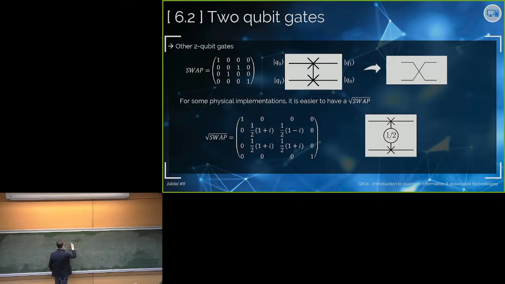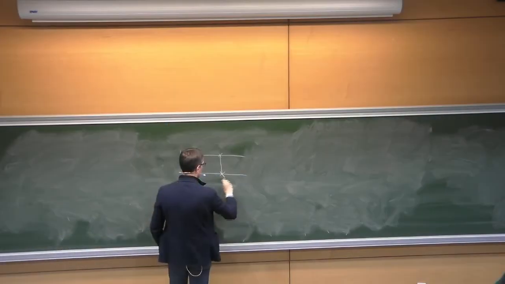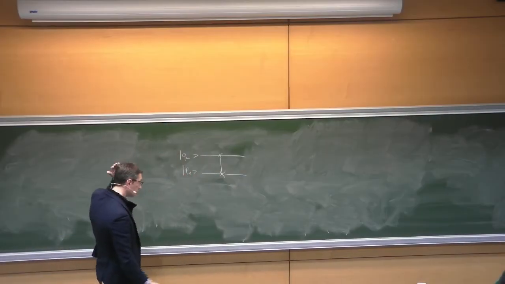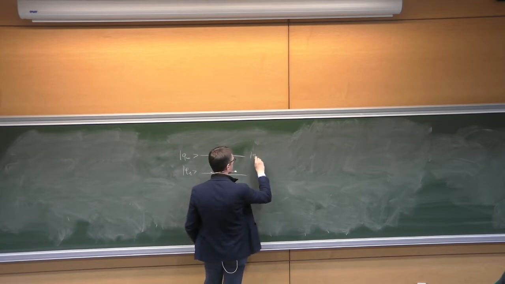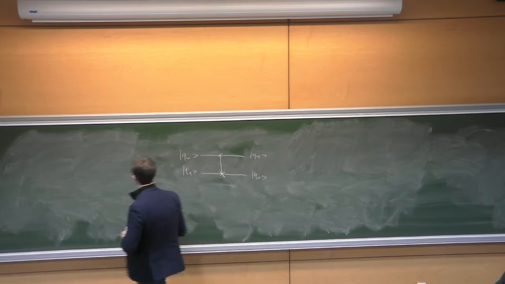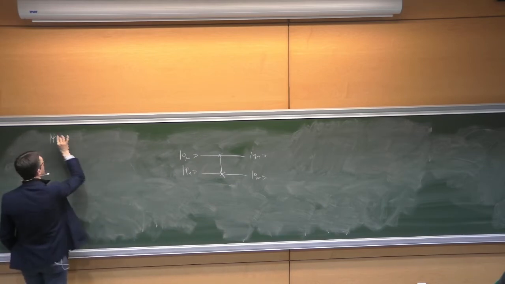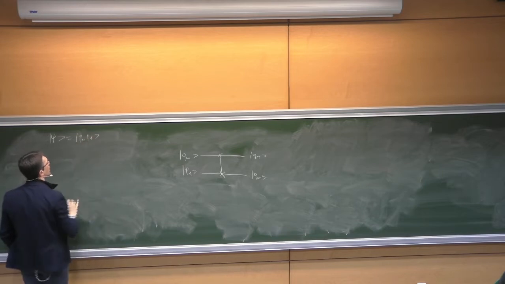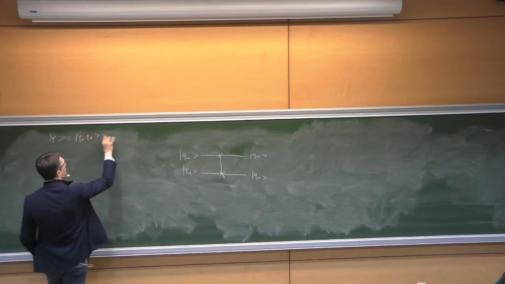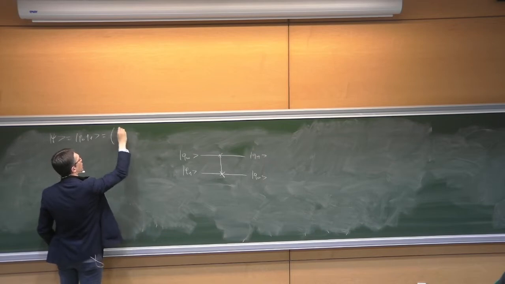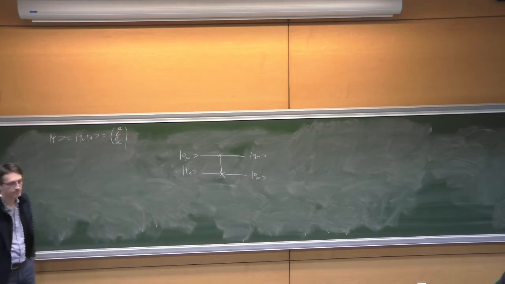Then we have the swap gate, and what it does is it gives me Q1 and Q0. So let's start from psi, which is going to be Q0, Q1, so A, B, C, D, like earlier on.